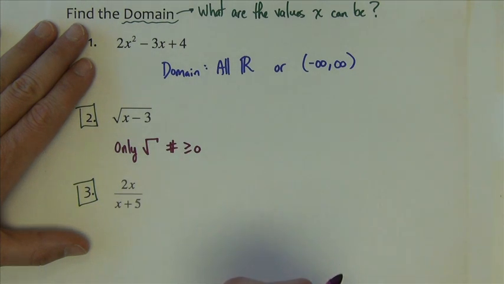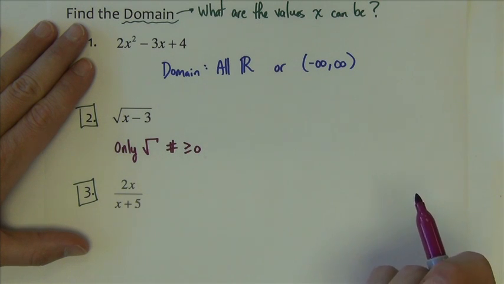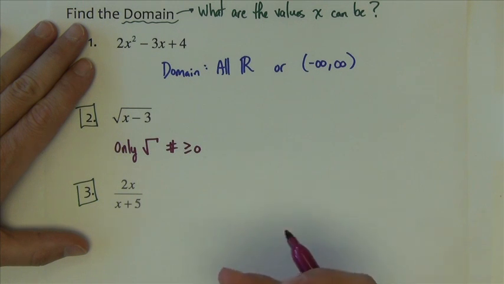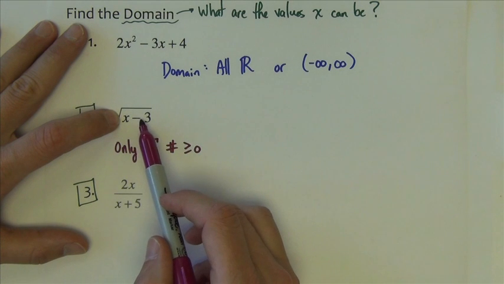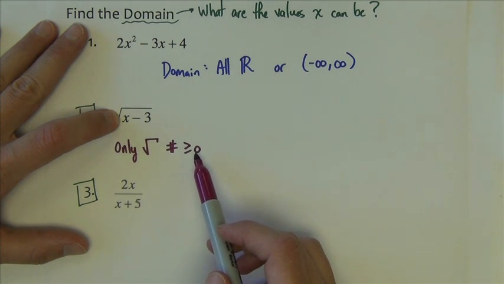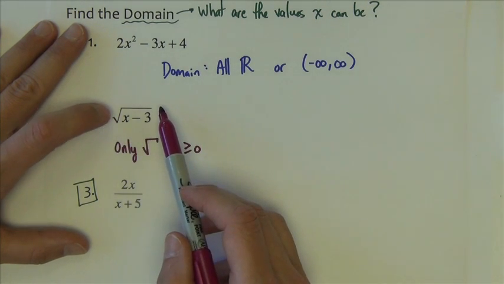So let's begin by figuring out what's the smallest value x can take, so that x minus 3 becomes 0? Well, what number minus 3 is 0? That's easy enough, it's 3. So x can be 3, because that would be the square root of 0.